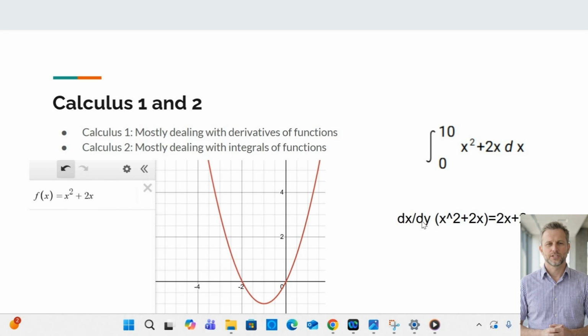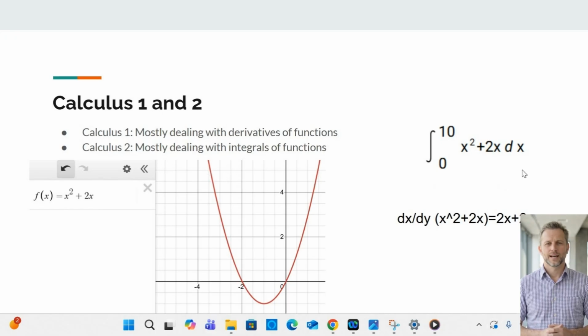It's the change of y over the change in x. So it's basically the slope of the function at any given point. And so that's why if we were to take the derivative of this, we would have a line for just 2x plus 2, because that's the slope of this function at any of those given points.